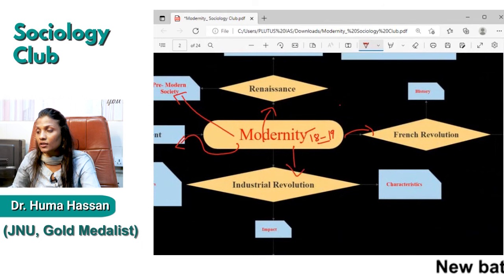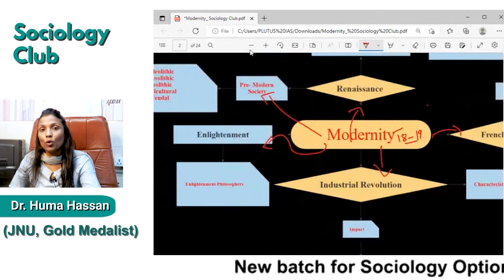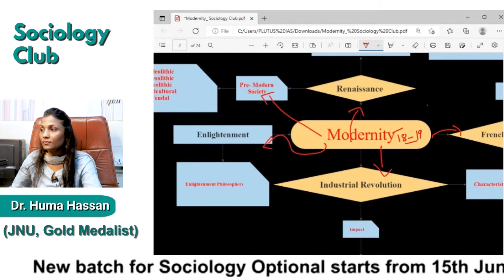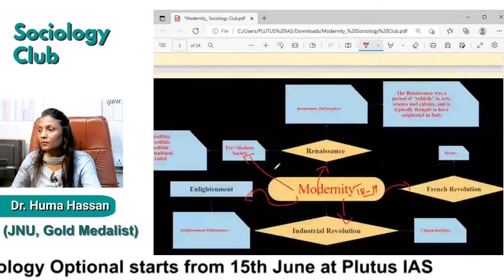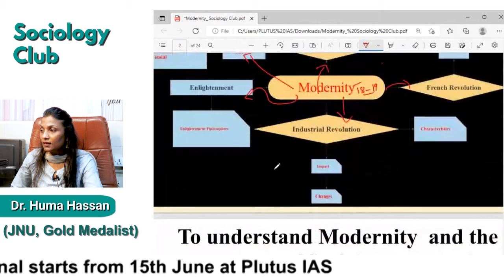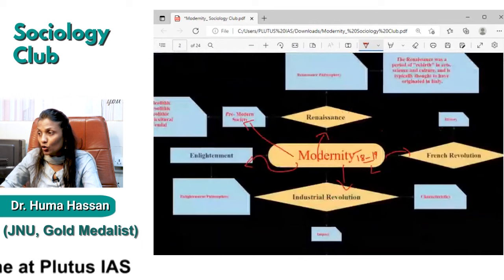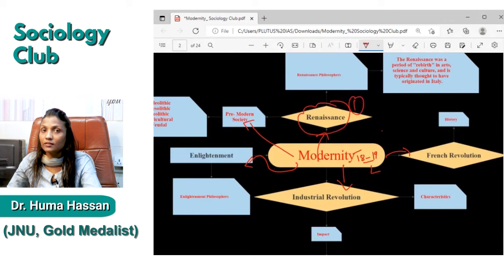Immediately after the Industrial Revolution, thinkers started calling it the modern phase, industrial phase, capitalist phase of society. So to understand it very clearly, let's take the Renaissance first as the first subtopic. Enlightenment is second, French Revolution is third, and Industrial Revolution is fourth.